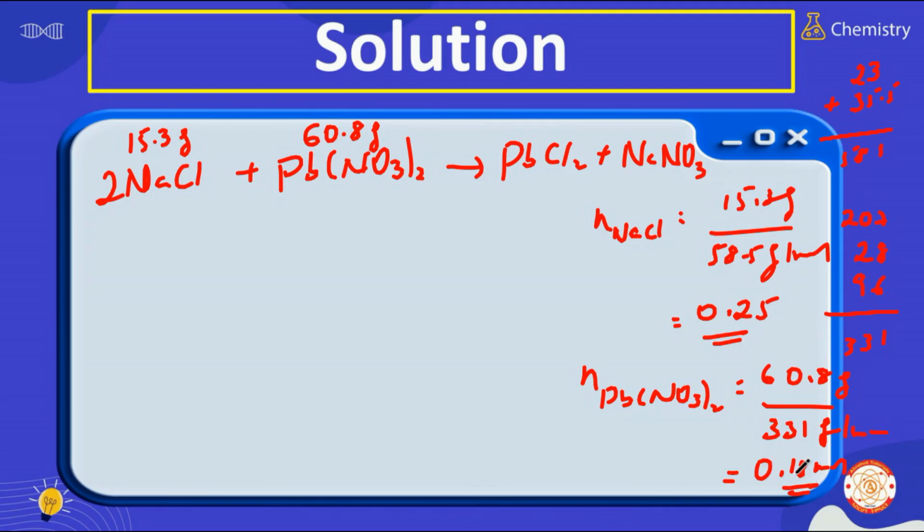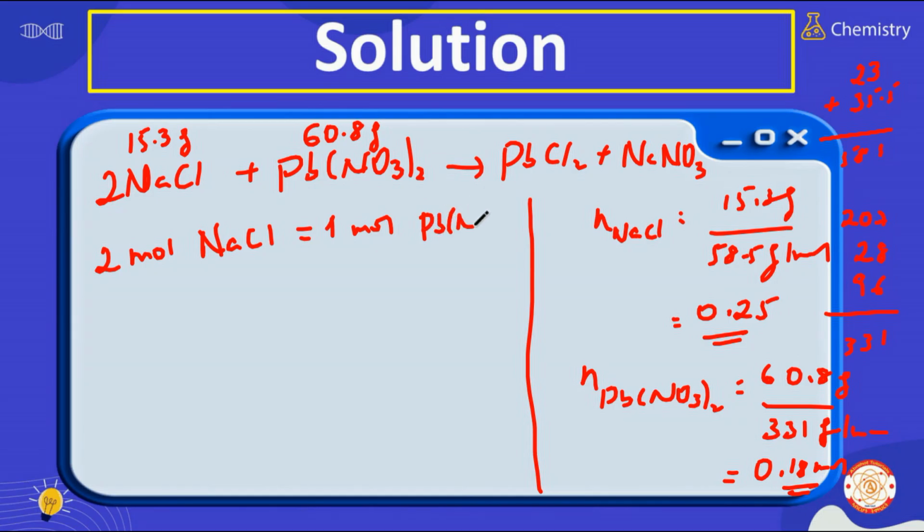Okay, so the chemical equation tells us what? For every 2 moles of sodium chloride, 1 mole of lead nitrate is needed, right?